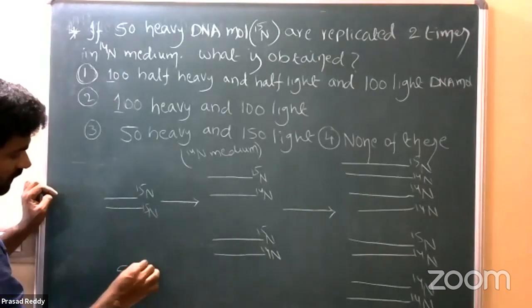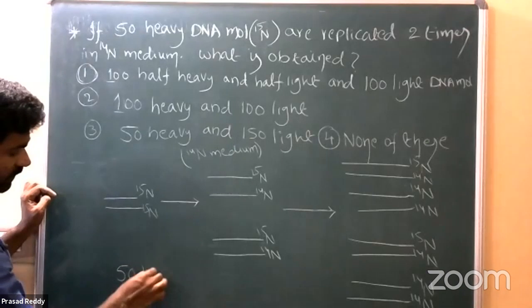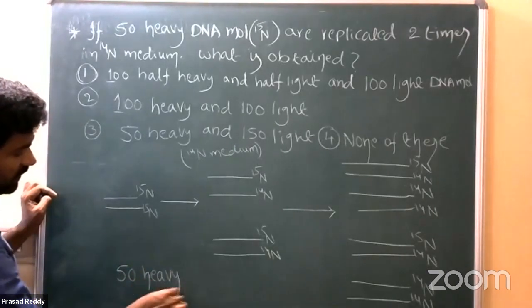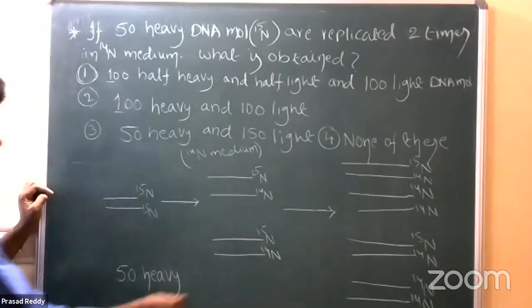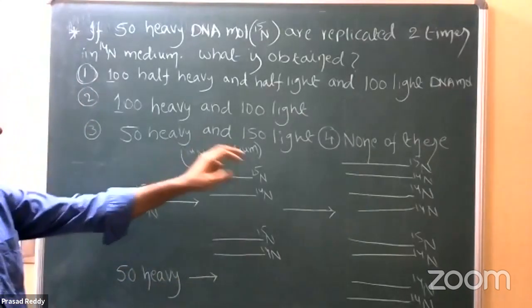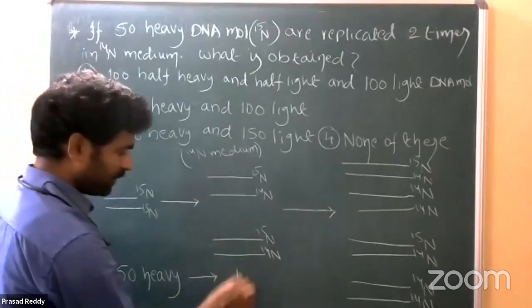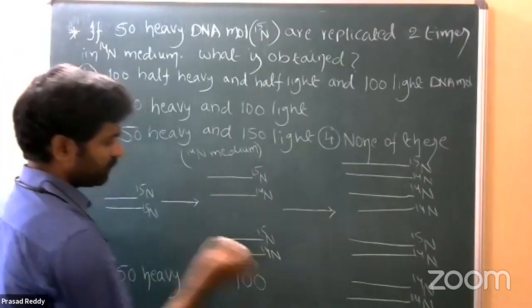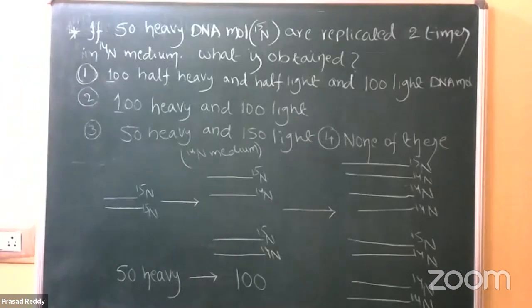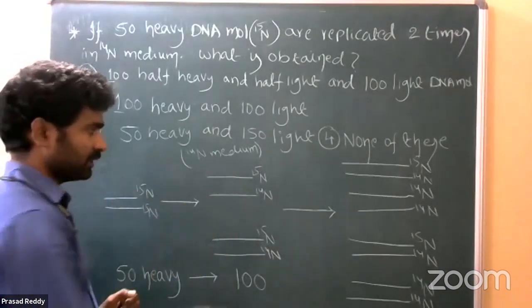So 50 DNA molecules here. 50 heavy DNA molecules are allowed to replicate two times in N14 medium. So in N14 medium, 50 DNA molecules replicate and form 100 DNA molecules, 100 DNA molecules in the first generation.